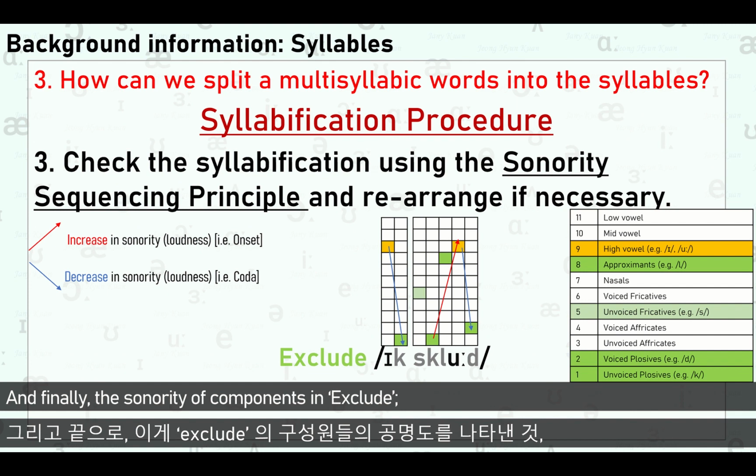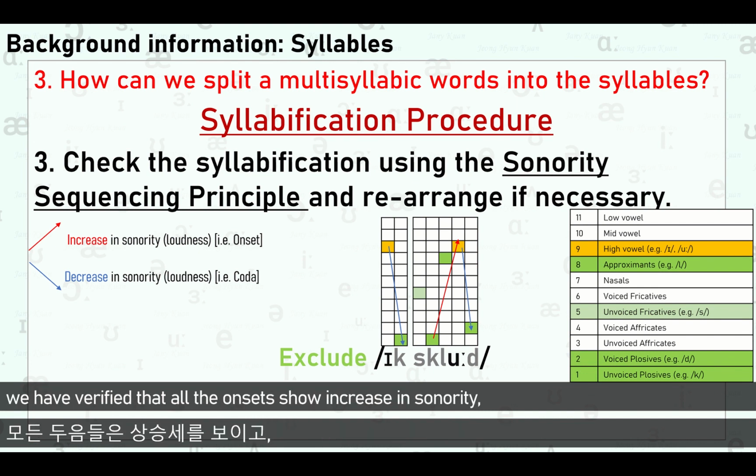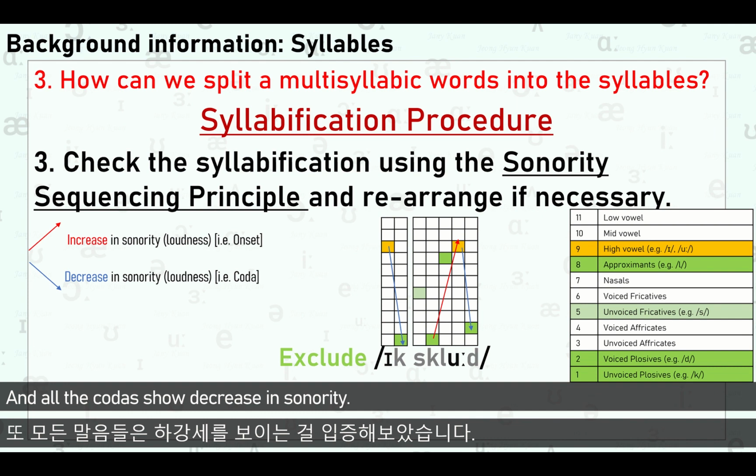And finally, the sonority components in exclude. Except for the word exclude with this special S, we have verified that all the onsets show increase in sonority and all the codas show decrease in sonority.